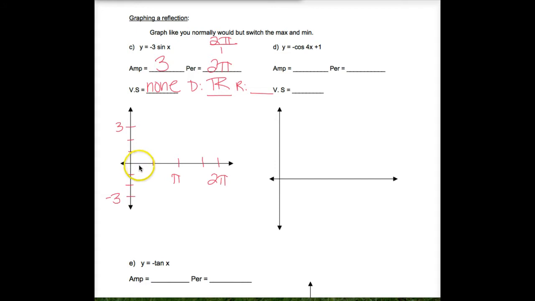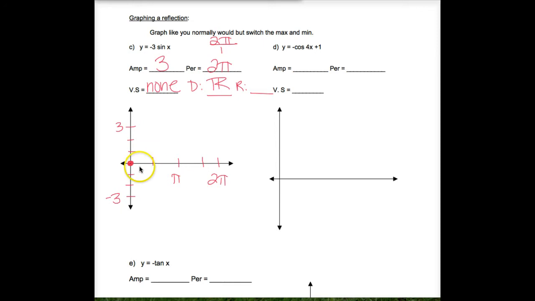So now, on a sine graph, it always starts at the midline, and that isn't going to change. Starts at the midline. But normally after the midline, we would go up to the maximum. Now we are going to be going down to the minimum.